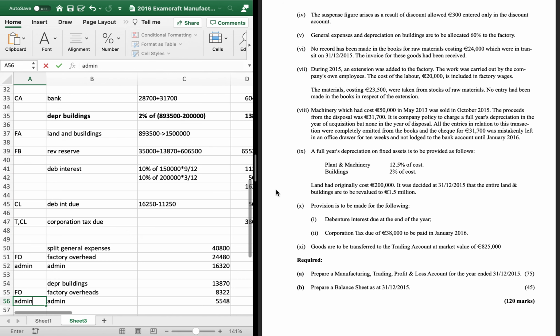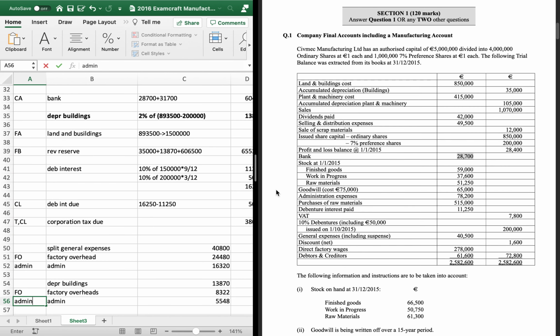And then from the main part of the question, let's see what we haven't got to. Dividends paid will just go in its normal spot. Selling will go in selling. Sale of scrap material gets added on in your manufacturing account. Profit and loss balance, that's a plus. They're your opening stock, so finished goods in the trading and the other two in the manufacturing. Admin we've done, purchase raw materials, debenture interest we've done.